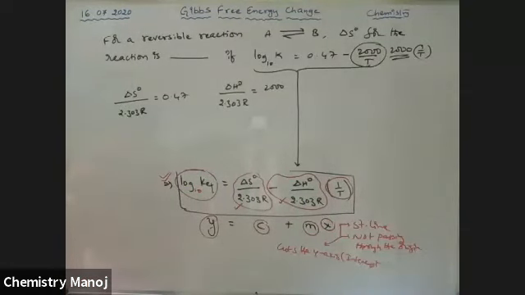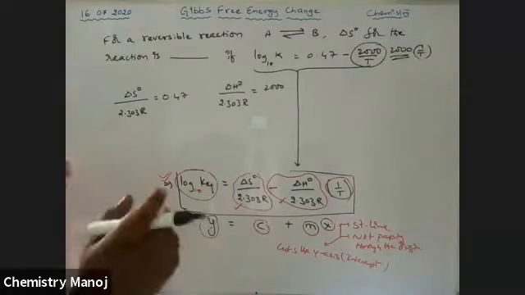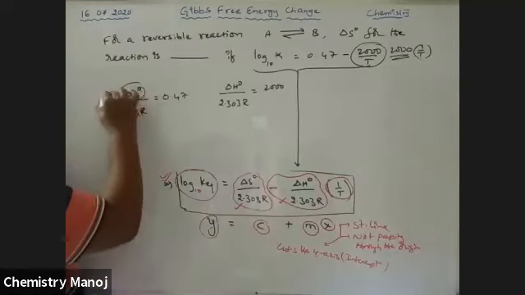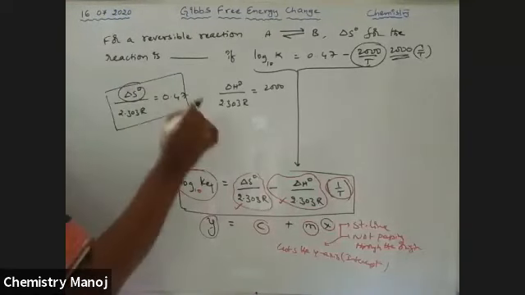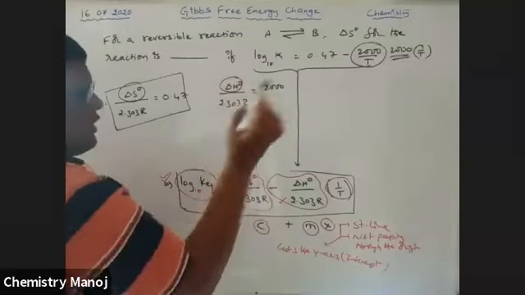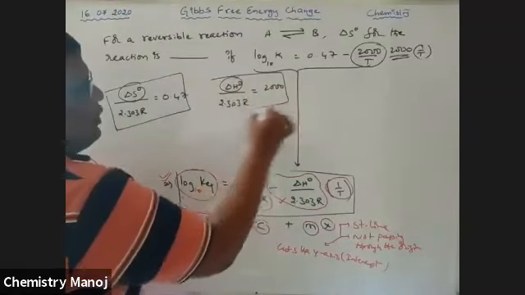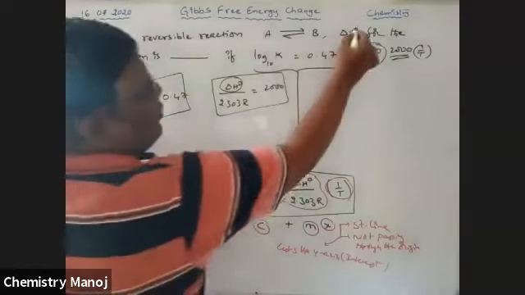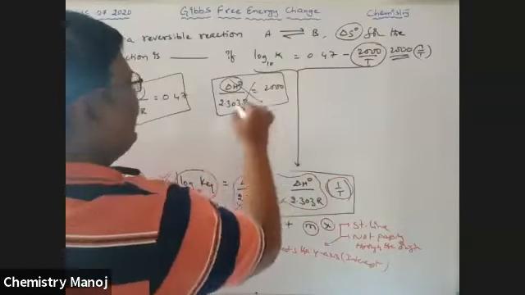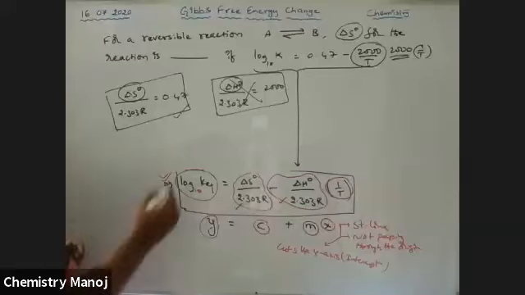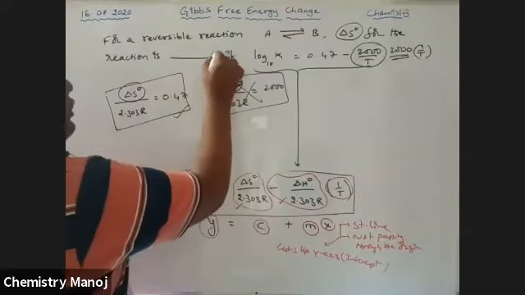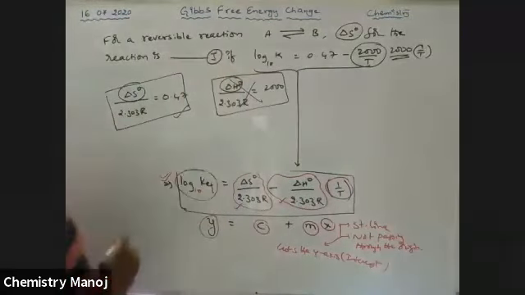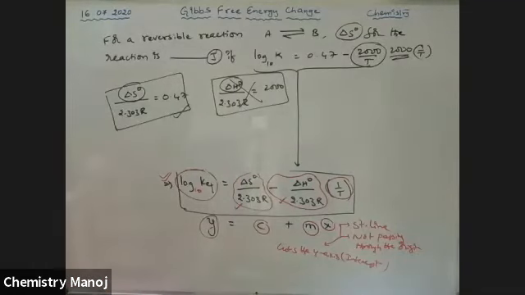Yes, correct, Karthik. If you want to calculate delta S naught, use this relation. If you want to calculate delta H naught, the standard change in enthalpy, use this value. So in your question, how much is delta S naught? No need of this one; I'm using this one. This value is in joules.